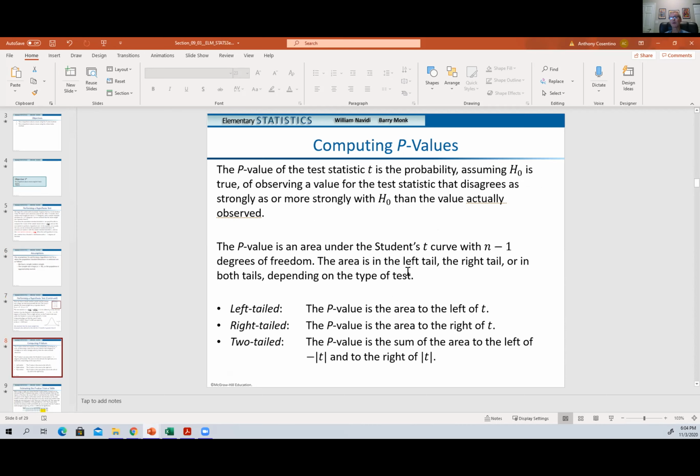When the alternative hypothesis is greater than, it's right tail; less than is left tail, excuse me; and not equal is two tail. So that ends the recorded lecture for using t-score critical value calculations. The next one, I will show you how to find the p-values using technology.